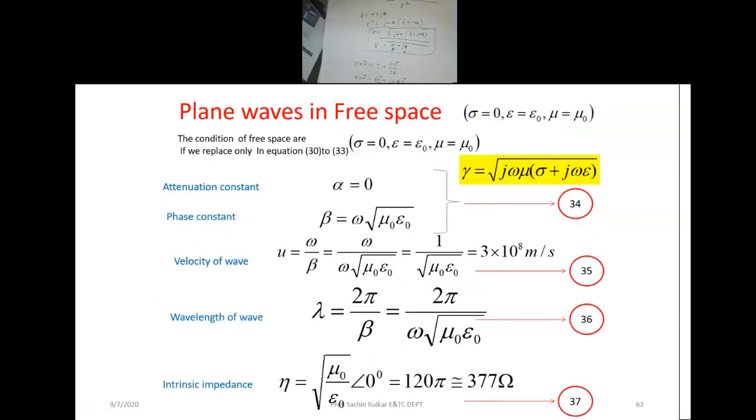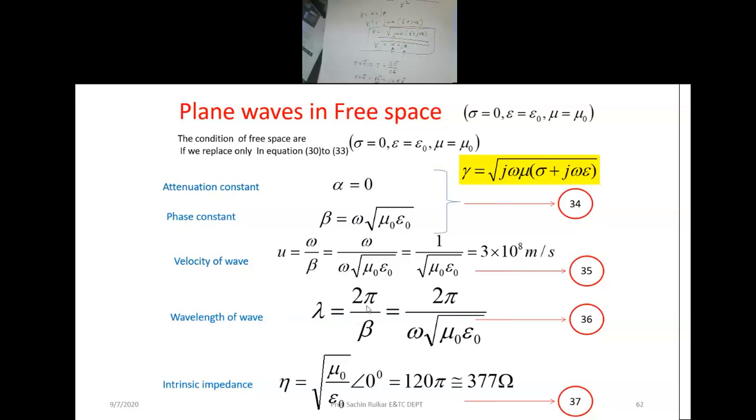Okay, plane waves in free space. We started earlier with free space, and we say that alpha is equal to 0 because the wave is propagating in free space. Beta is equal to omega root mu 0 epsilon 0. Velocity of wave is omega by beta.